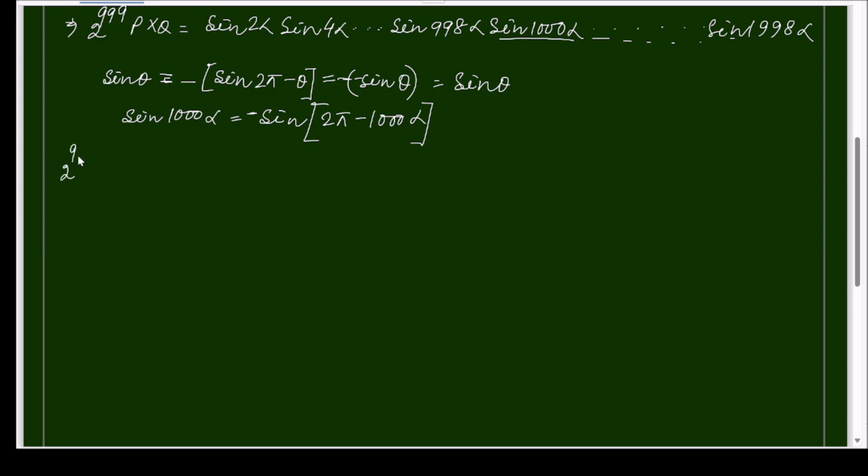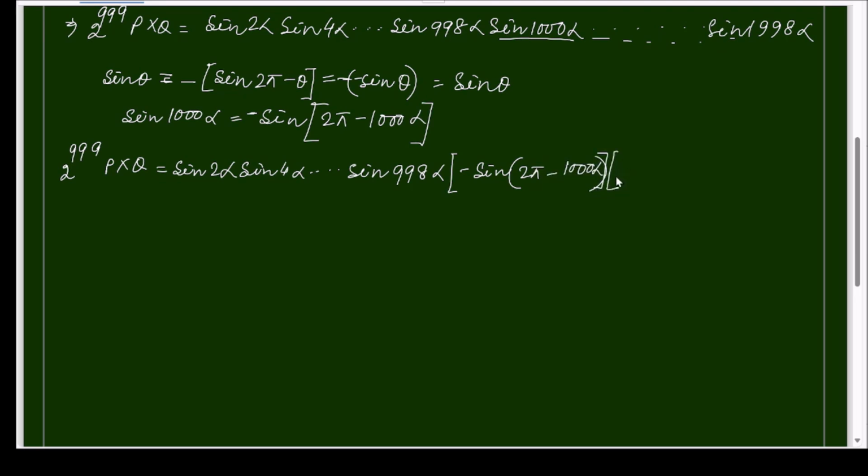So 2 to the power 999 P times Q is equal to sine 2 alpha, sine 4 alpha up to sine 998 alpha. Now we'll change all the terms. So first one will be negative sine of 2 pi minus 1000 alpha.